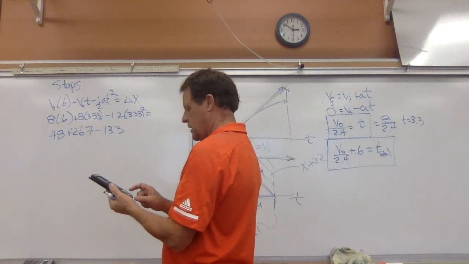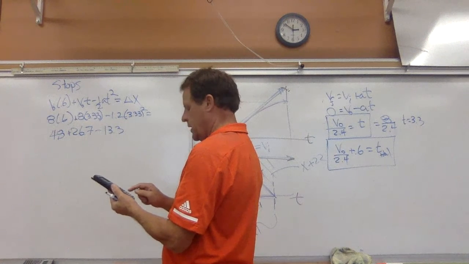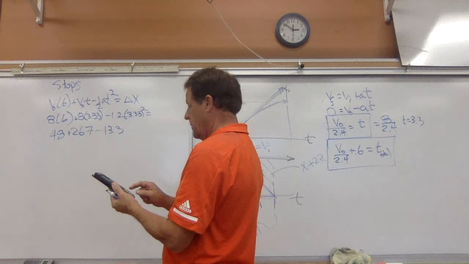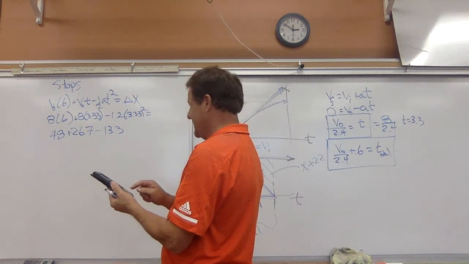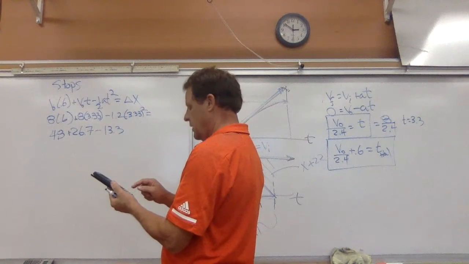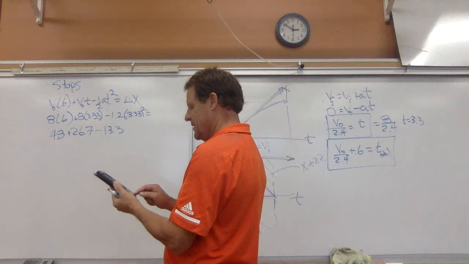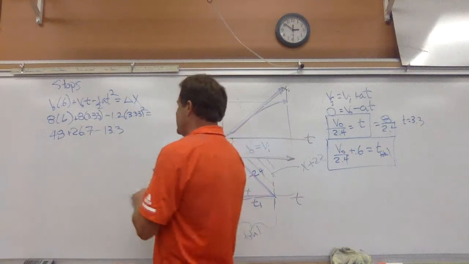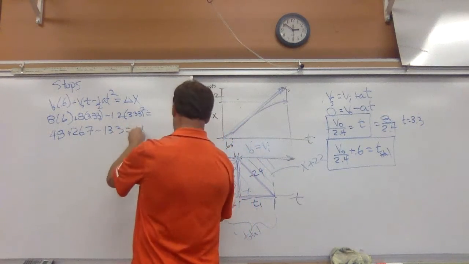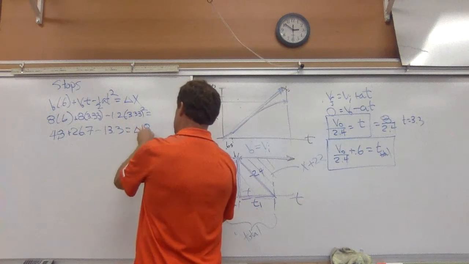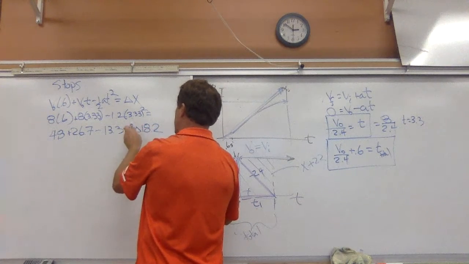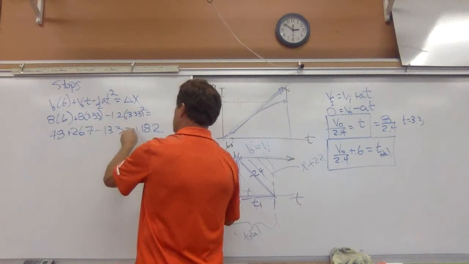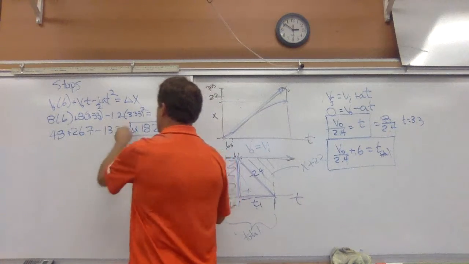So we're going to take 4.8 plus 26.7, minus 13.3, and we're going to get a displacement of 18.2. Okay, that is going to be our delta x.